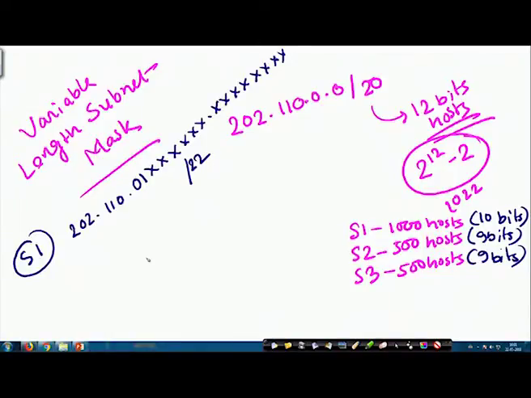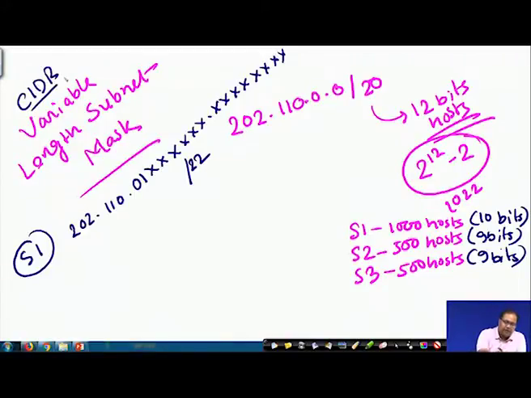Then in the second case, for these hosts it is not required that you use /22 as the net mask, with the help of this variable length subnet mask, which is supported in CIDR. So, what you can do here is take 3 bits. While taking these 3 bits, you need to be a little cautious.